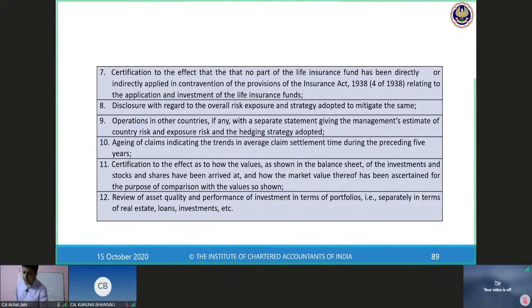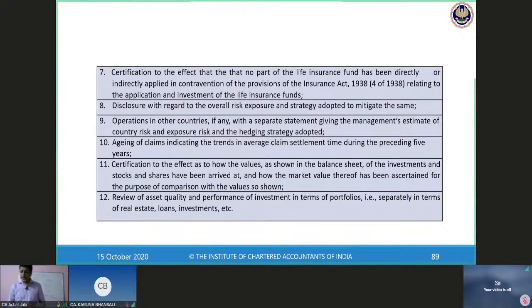Certification to the effect that no part of the life insurance fund has been directly or indirectly applied in contravention of the provisions of the Insurance Act. Disclosure with regard to overall risk exposure and strategy adopted to mitigate the risk.